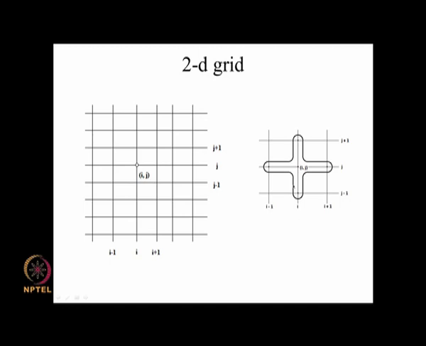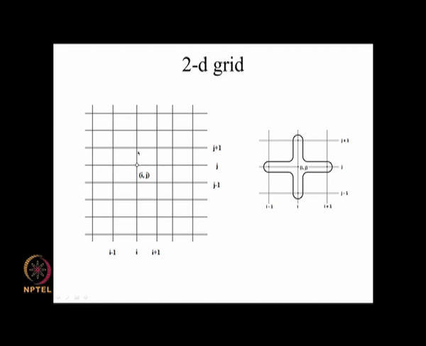So the computational molecule for the evaluation of dou square u by dou x dou y, the mixed derivative, will bring in the corner points, whereas if you evaluate the second derivative of u with respect to x or y, if you are evaluating this with respect to x, then it is the 2 immediate neighbors to the left and right that will come.